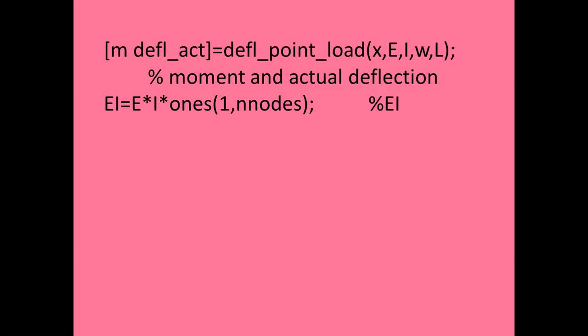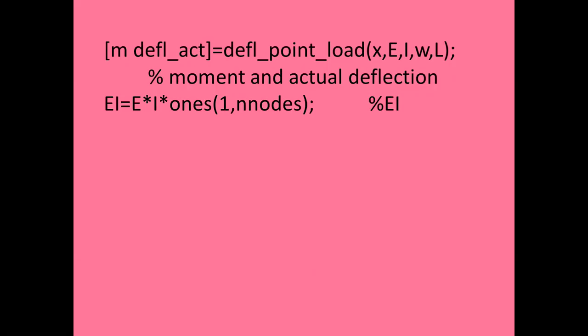Because the value of NNODES is 21 presently, this particular command generates a row matrix containing 21 columns, and the value at these 21 places is going to be 1 at all 21 places.